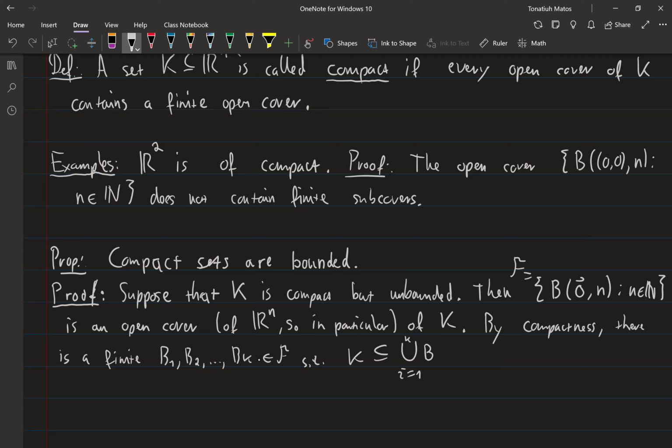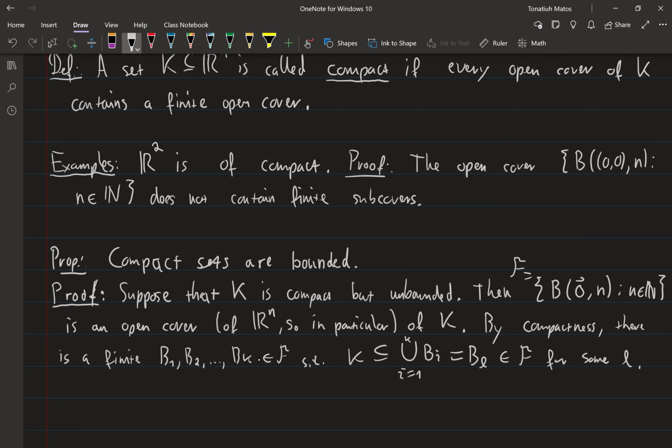So we take these balls, they cover. But this union, because they're concentric circles, if I take the union of any finite amount of them, they're contained in each other. So the union will absorb all of them. It will only give me the biggest one, right? So this will be some BL, or some L, which would be the biggest one.